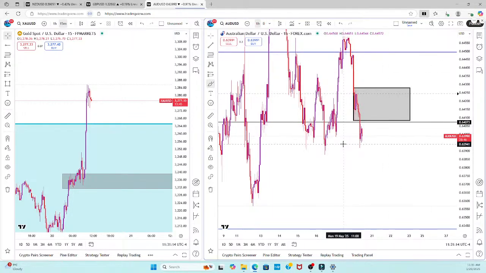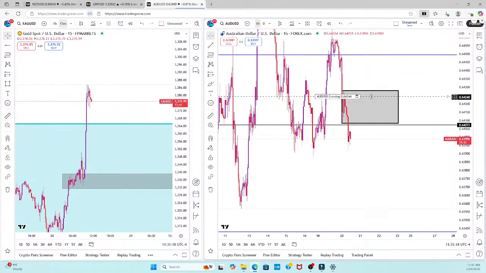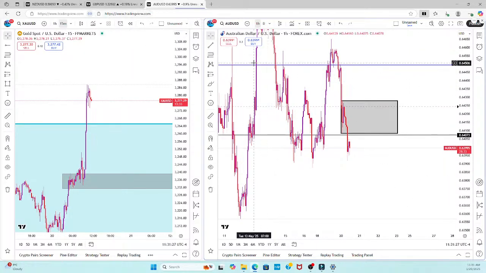So yeah, basically that is AUD USD. Look for a short around 64.24 to 64.28. Okay, so far we've analyzed AUD USD, we've analyzed gold, which is actually not even moving right now. I can see it on my other screen, it's barely moving, it's still in the same spot.